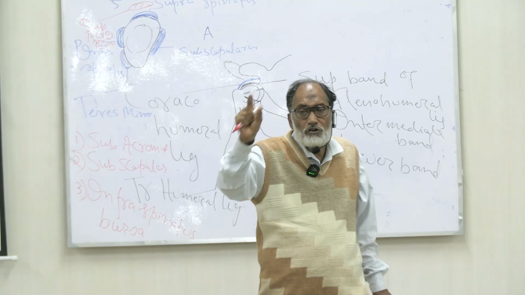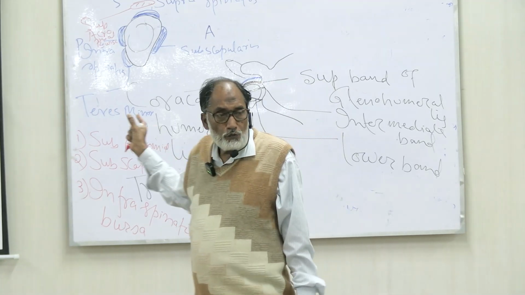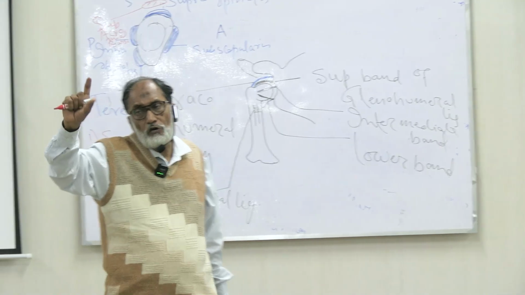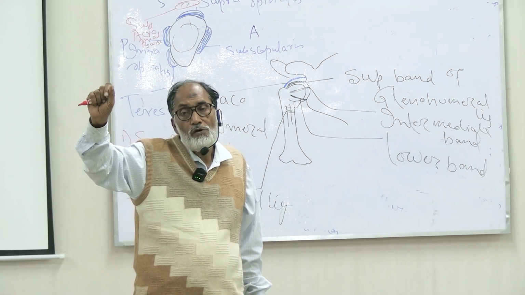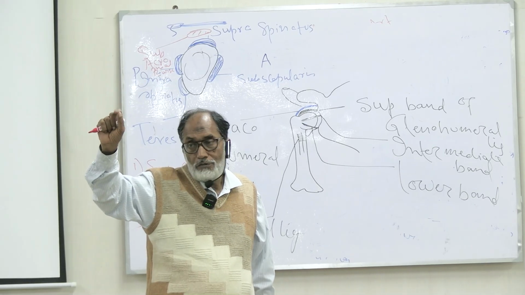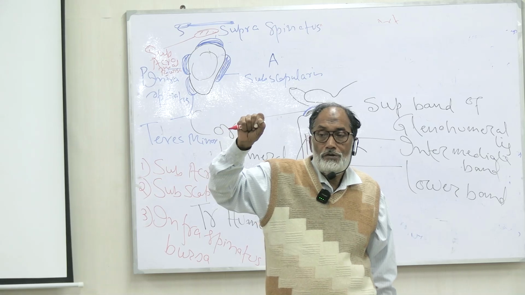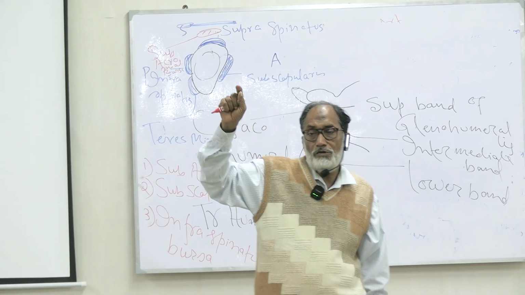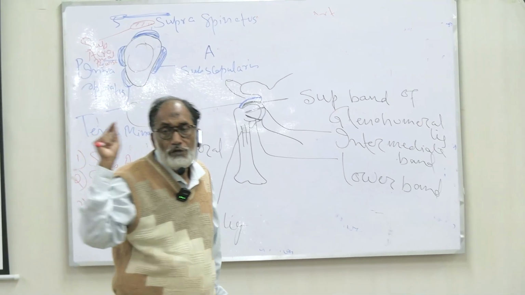What is the name of this tendon? One tendon lies within the capsule. What is the name of that tendon? Tendon of one muscle that takes origin within the capsule.